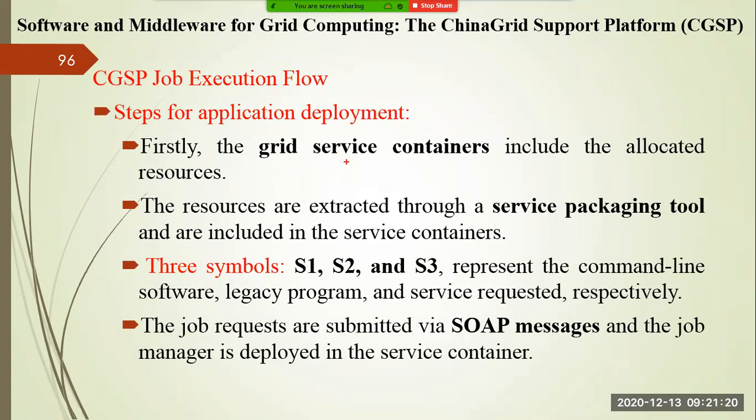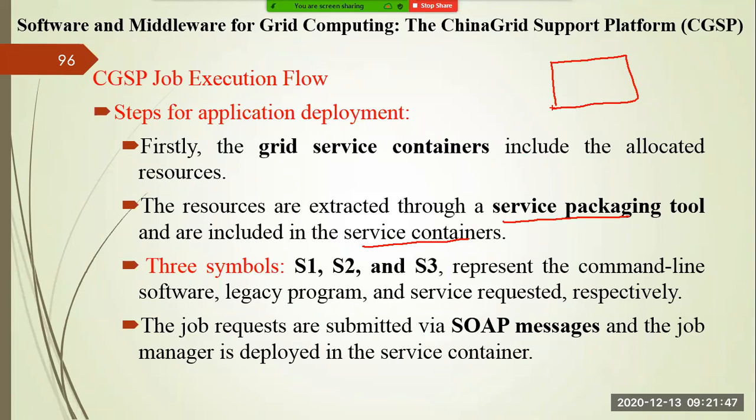You have seen containers in the previous GT4 also, right? Here the grid service container should include the allocated resources. The container is going to provide you those resources. Then the resources are extracted through a service packaging tool and are included in the service container. The resources will be available within that container.